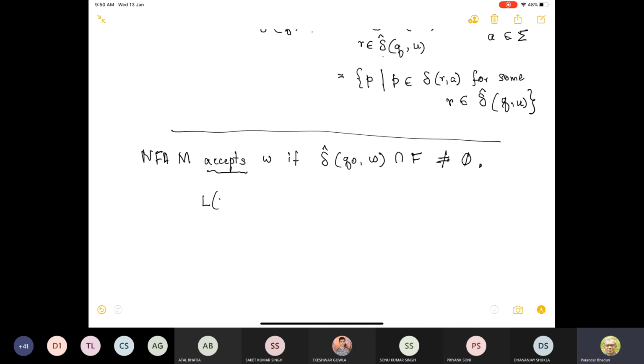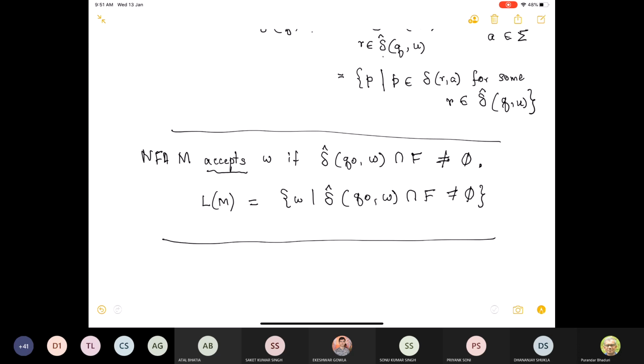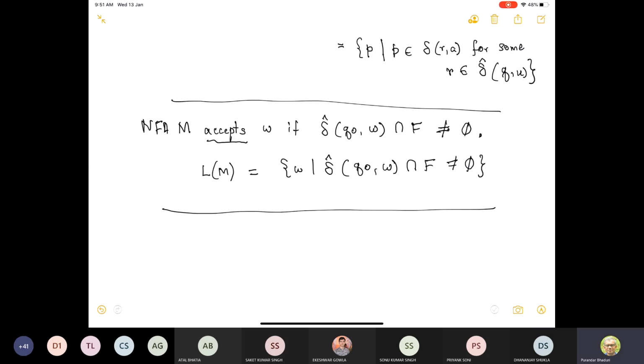And the language of M, the language accepted by M or recognized by M. Any doubts about this definition?